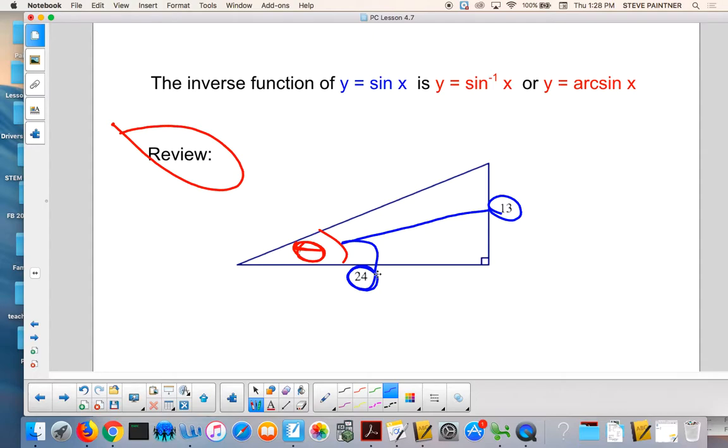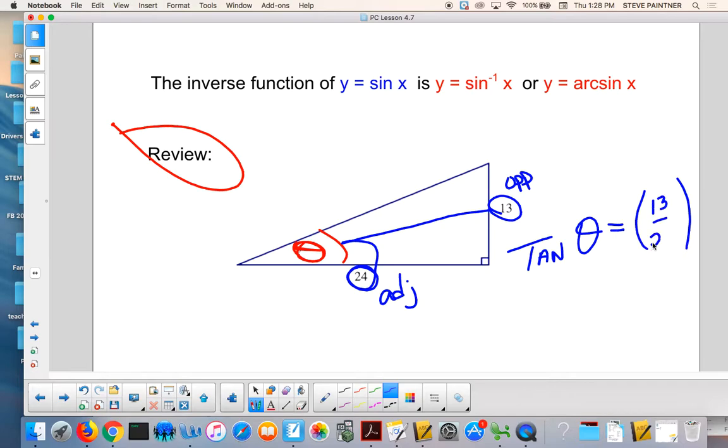So which trig function did you go with? Tangent, because you knew the opposite side and the adjacent side. I hope you went with tangent. Tangent of my angle equals what over what? 13/20. And then, of course, you want the angle.